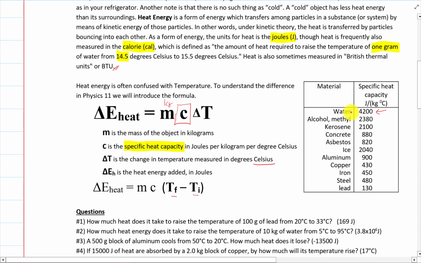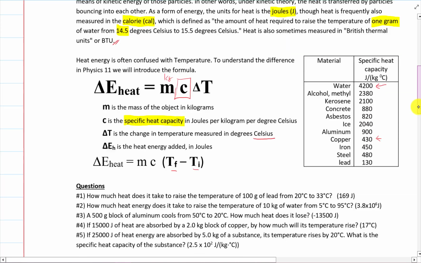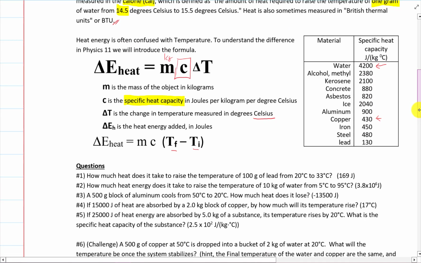A liter of water is about 1 kilogram, so to raise it 1 degree Celsius takes 4,200 joules. If it was 1 kilogram of copper, it would only take 430 joules, which is about a tenth. So you can change the temperature of copper a lot more easily than you can change the temperature of water. Water is actually a great insulator. It takes a lot of energy to change its temperature.